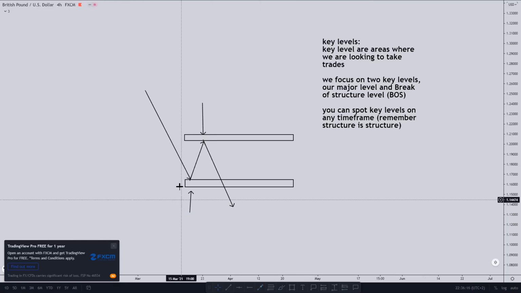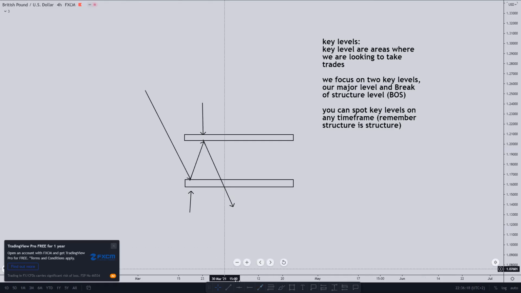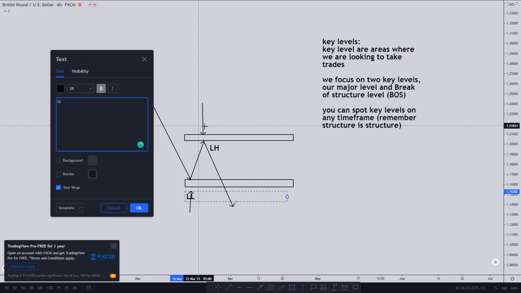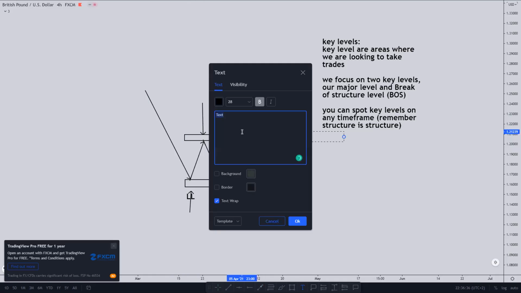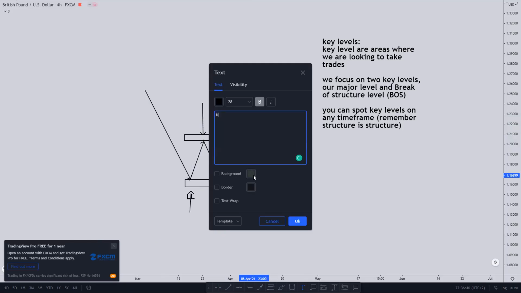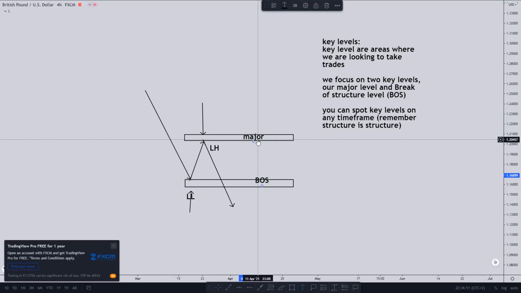We are in a downtrend, and price is giving us lower highs and lower lows. On this lower high, this is going to be our major, and this is going to be our break of structure.